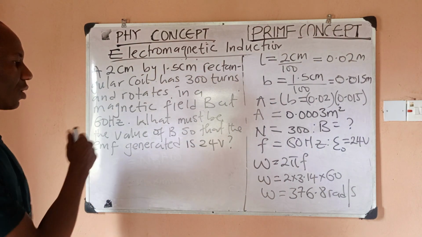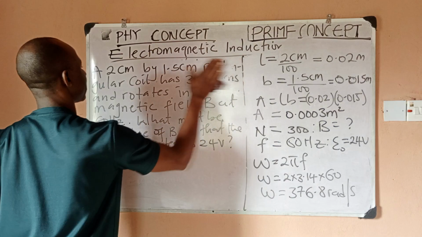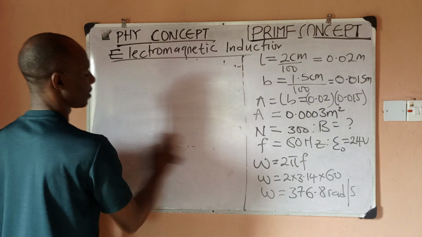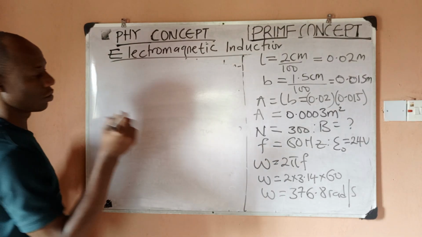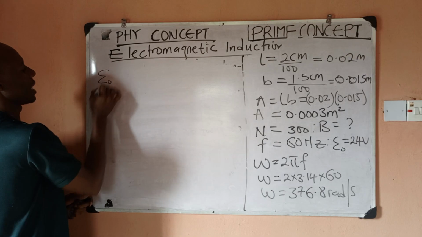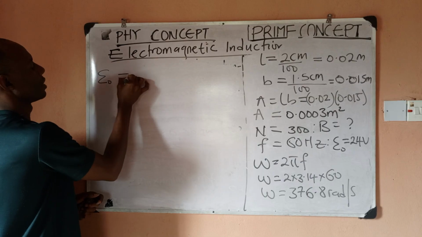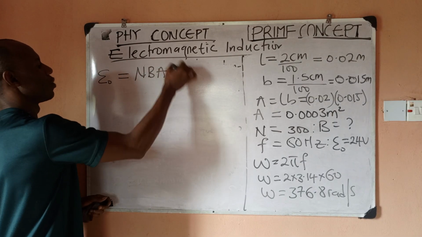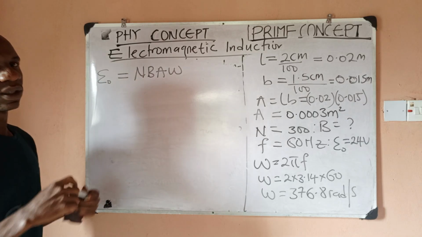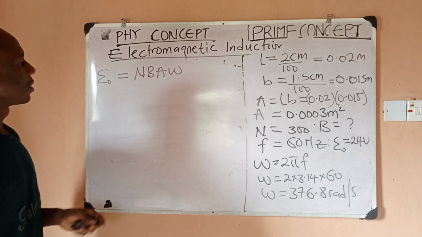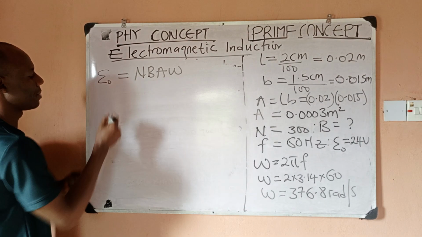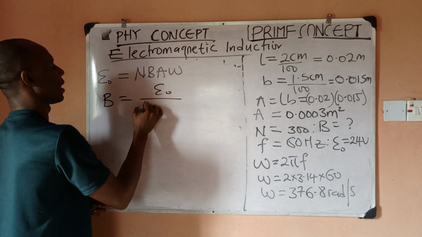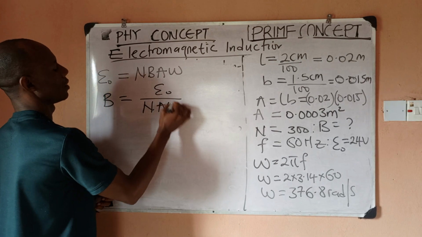So now we can find the strength of the magnetic field. You recall that the peak EMF, epsilon naught or E naught, is equal to NBA omega. We derived this formula just now. I'm trying to find B, so if I make B the subject, I have E naught over N A omega.